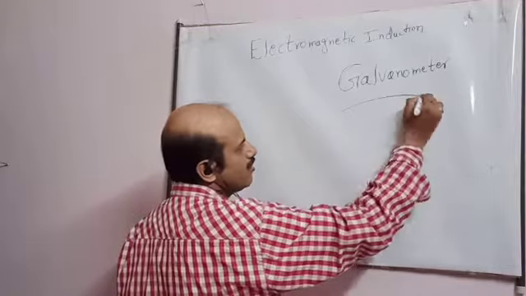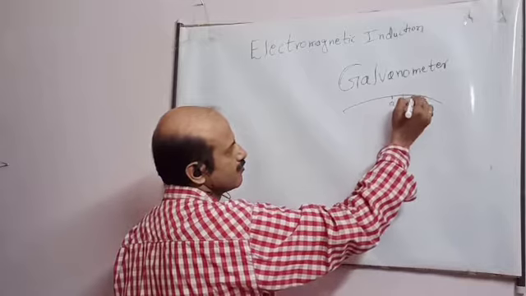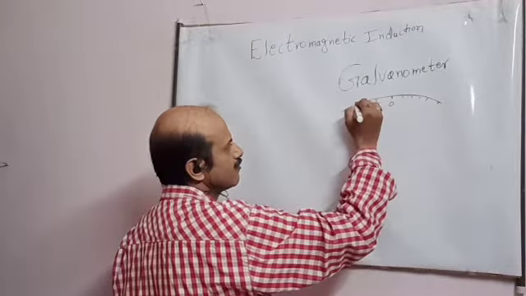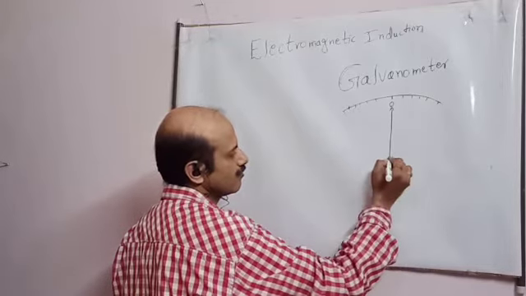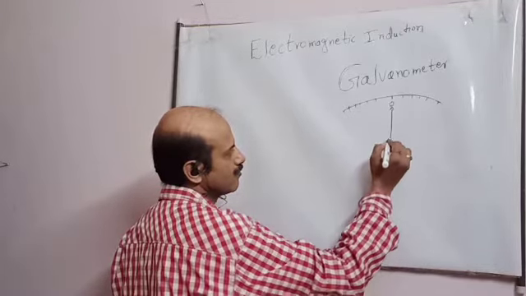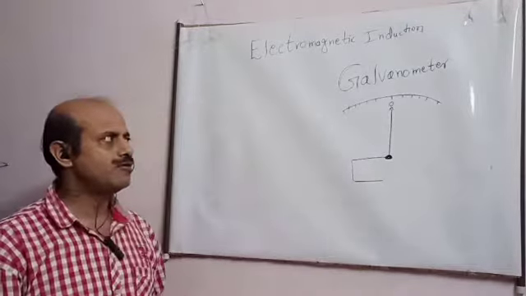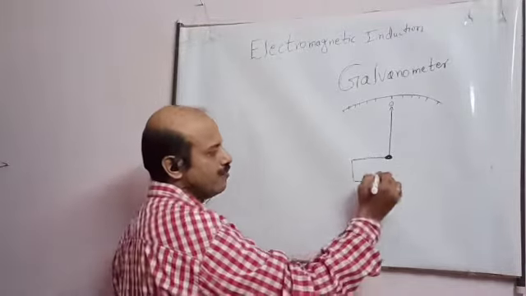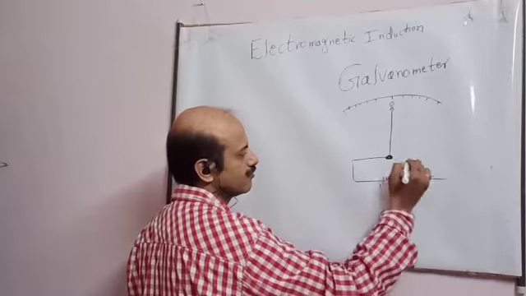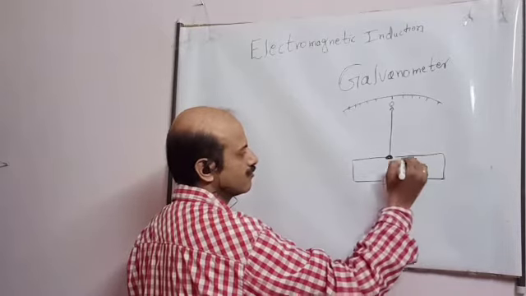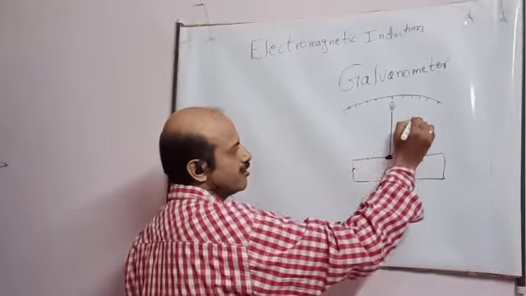A galvanometer is an instrument used to detect the presence of current. If I pass current in a circuit, this needle will show deflection in a particular direction.